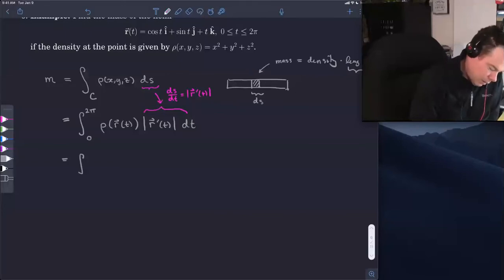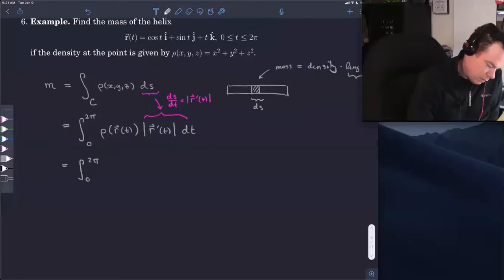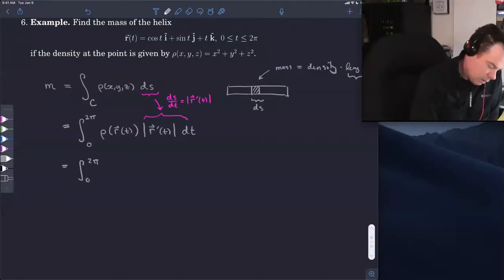Okay, so now that's the integral from 0 to 2 pi of rho of r of t. So that's going to be cos squared t plus sine squared t plus, and then the last one is z squared, and z is given by t, so that's t squared.